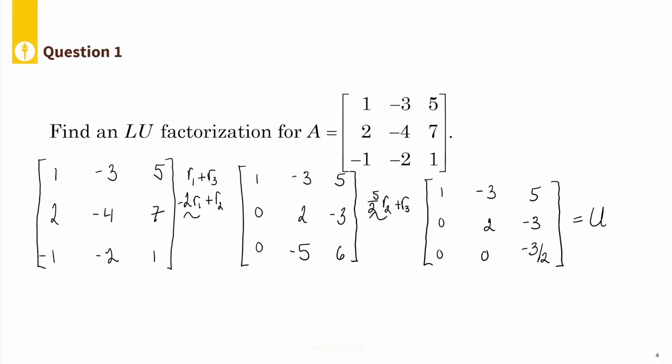Let's look at this box right now. That entry right there is the 2-1 entry. Go back to the process of finding U. How did you zero out that 2-1 entry? What did you multiply by? So the 2-1 entry in L is negative 2.